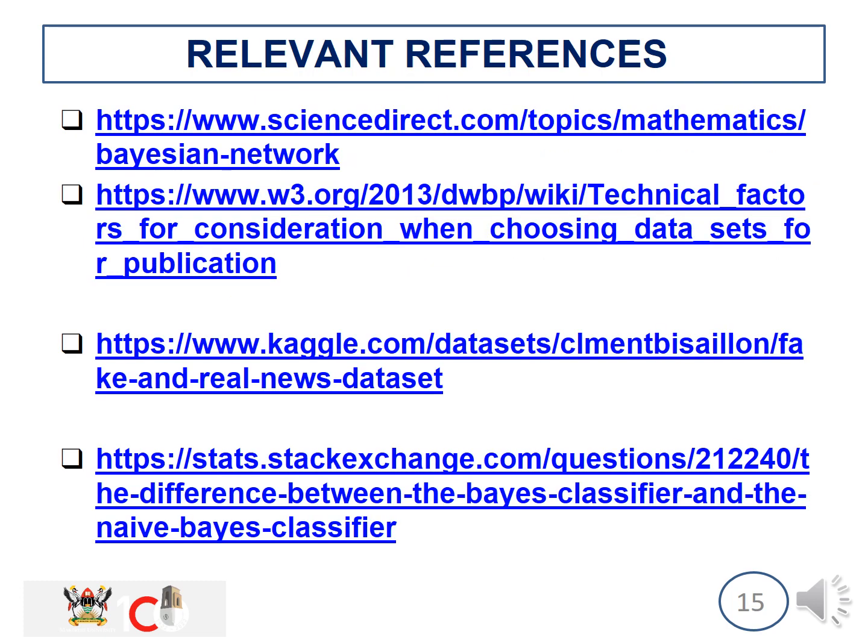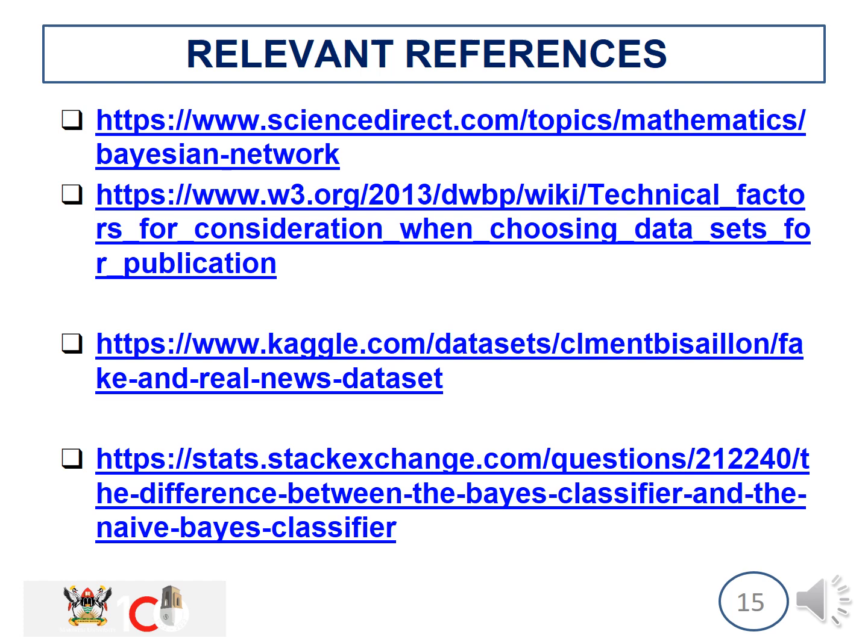Also, these are the references, the references where I got my data. So for anything, you can go and look up these references that I listed. Sciencedirect.com topics mathematics Bayesian is where I got the Bayesian network definition, and these technical factors to consider when choosing a dataset.